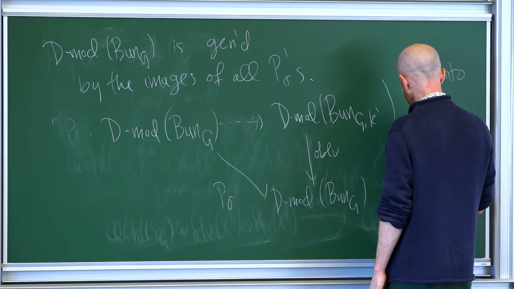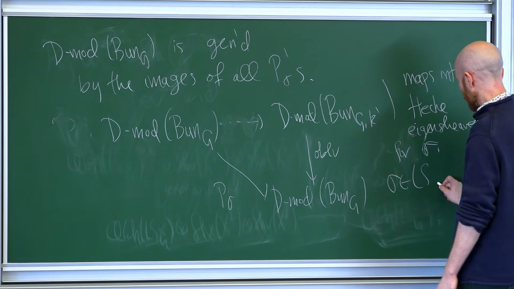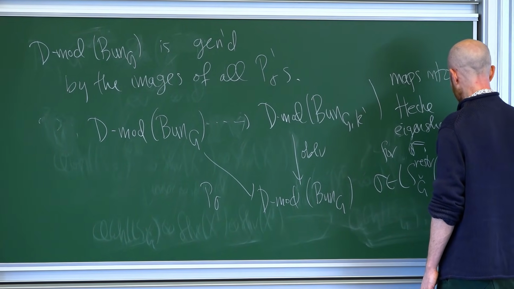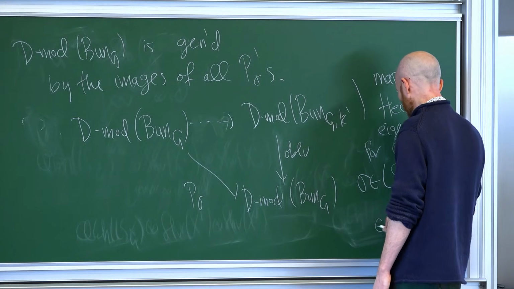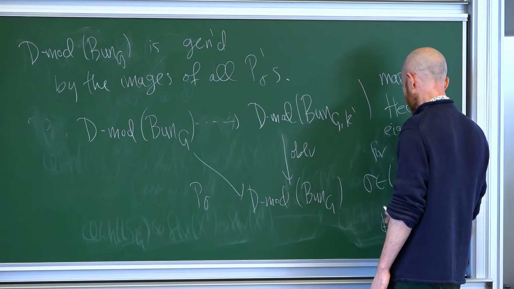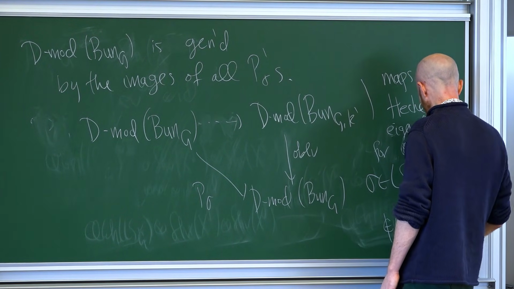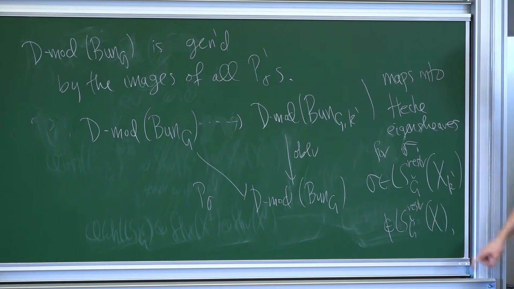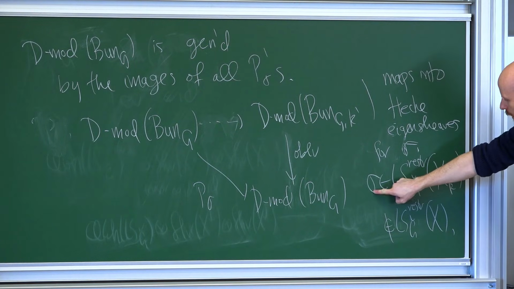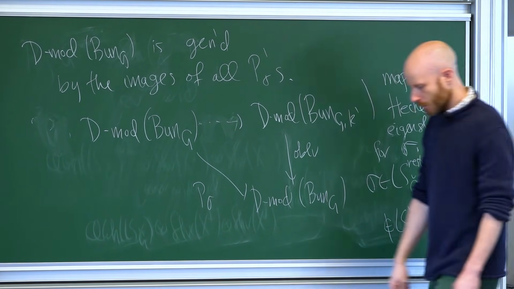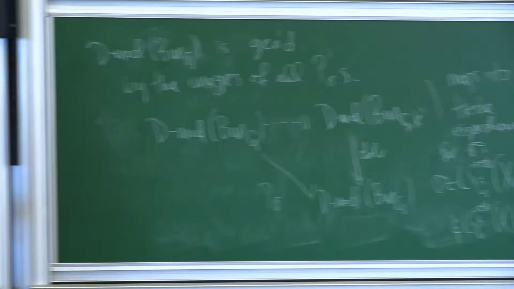Now the point is that sigma is a point of this Lox G-check restricted of x over k prime, but it's not necessarily a point inside of this Lox G-check restricted of x. Think of it like this: say the group is GLN.